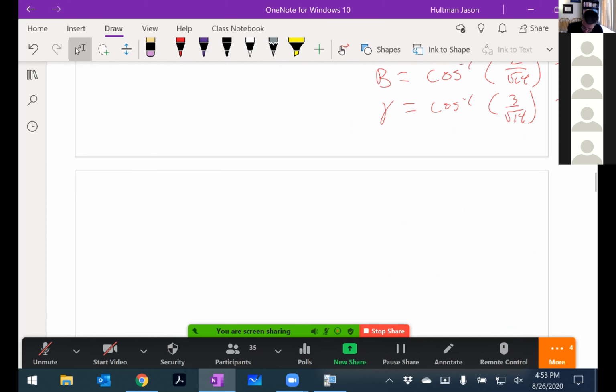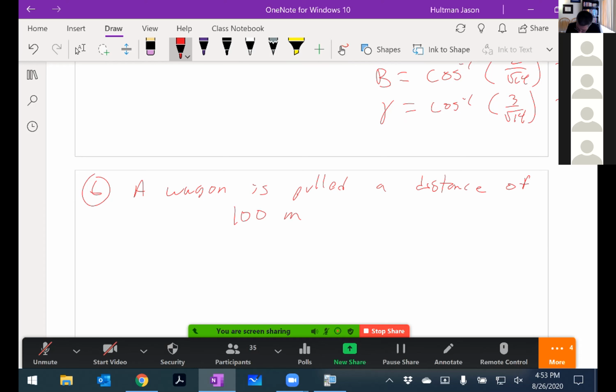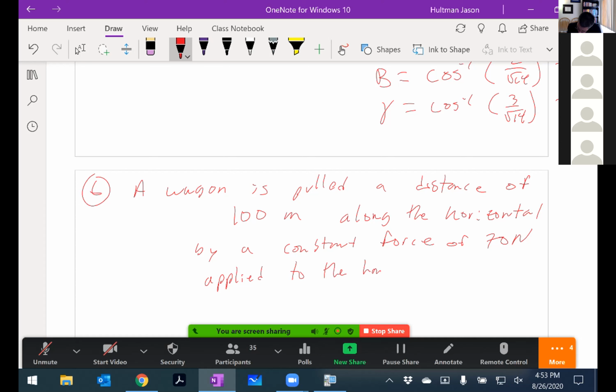A wagon is pulled a distance of 100 meters along the horizontal by a constant force of 70 newtons, applied to the handle at a 35-degree angle. Find the work done.